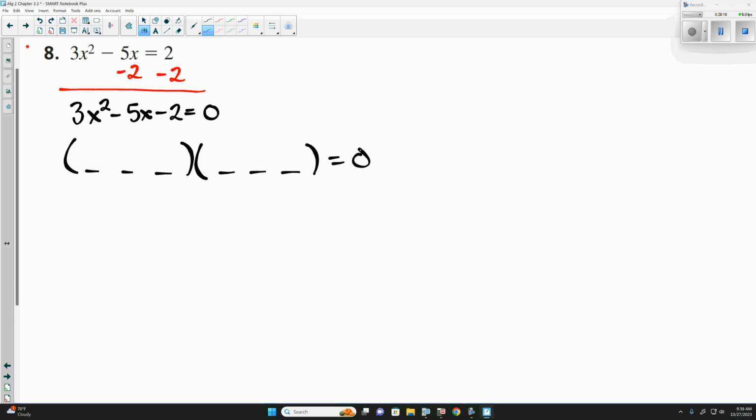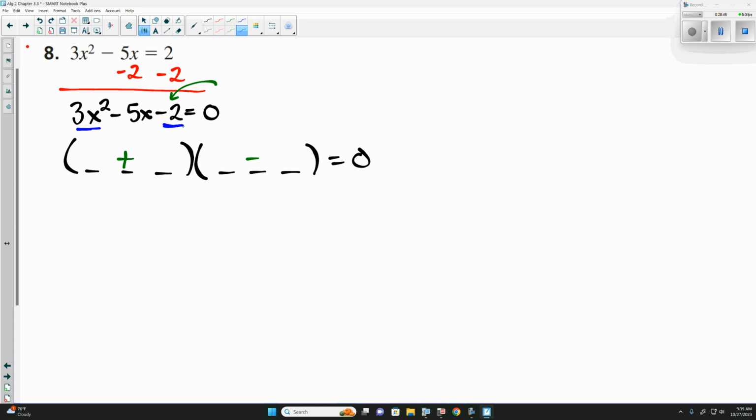Since there are no greatest common factors, we can't factor one out. So we go to our two sets of parentheses with 3 spaces. To find the signs, if the third term is negative, our signs are opposite. And then we need to find the factors of the first and third term.